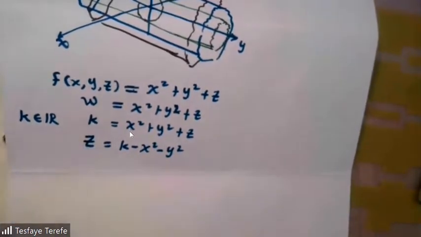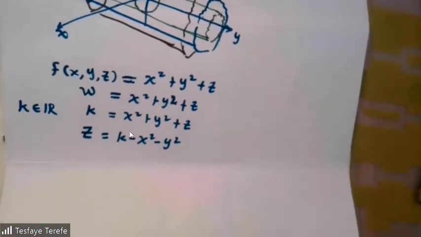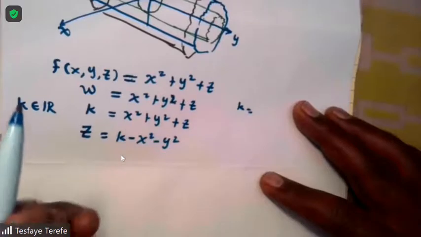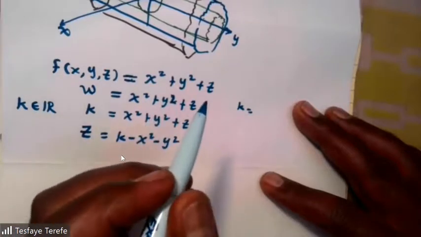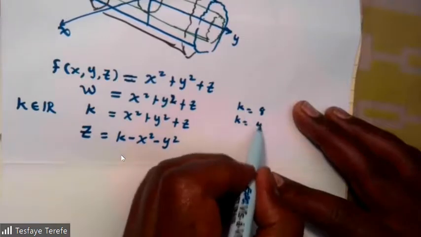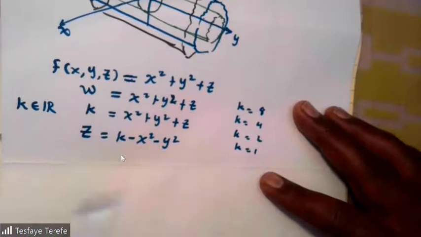Is this a familiar curve that we are accustomed to, a quadratic surface? Yes or no? Paraboloid, yes, paraboloid. Try to draw this paraboloid by making, for example, K equals, let's say, 8, then K equals 4, K equals 2, and K equals 1, and see what is really happening.